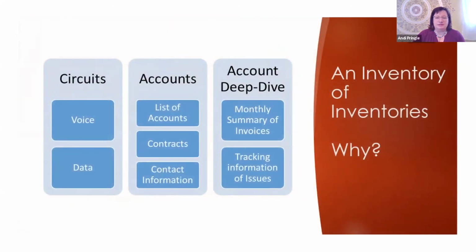In creating a piece of art, regardless of the medium, you need different types of supplies. In telecom expense, this means having multiple inventories. For example, circuits are usually lumped in two main types of services. There's voice and data. Both of these look the same in the invoices, but they need different information tracked and recorded.